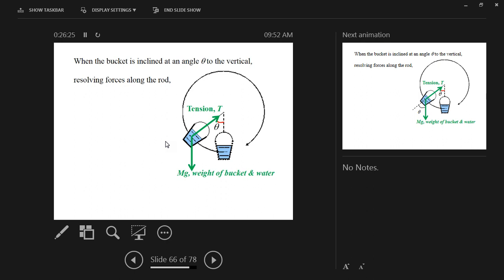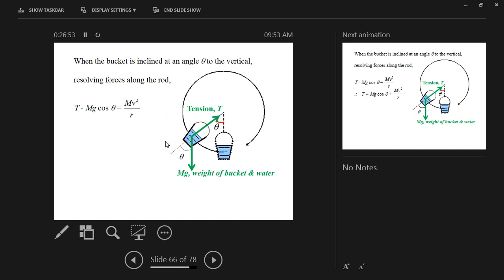We are resolving the forces along the rod. So that is the angle theta with respect to the vertical. So I will have T, which is the tension, minus the component of mg. So you resolve along the rod, your mg will be mg cosine theta, and this must provide the centripetal force.